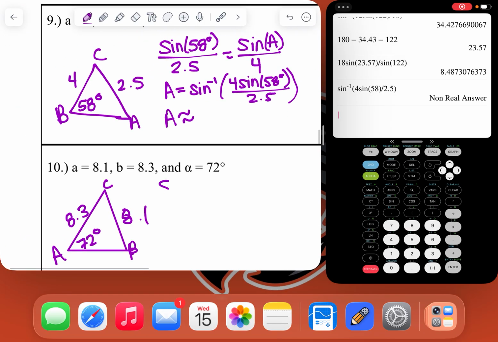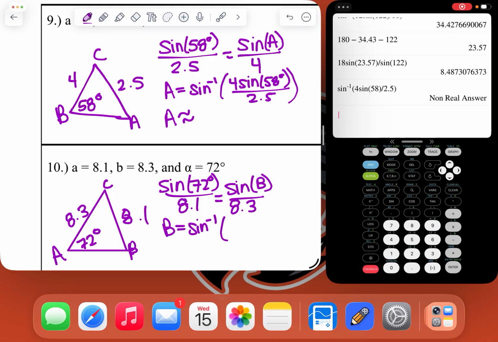All right, but we'll start with sine of 72 degrees divided by its opposite side length of 8.1 has to equal the sine of B divided by its opposite side length, which was 8.3. So to find B, we're going to have to use the inverse sine since we're solving for the angle measure.